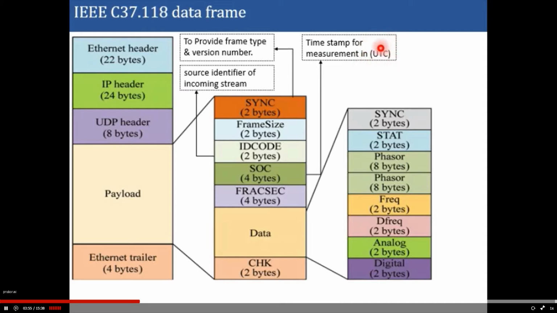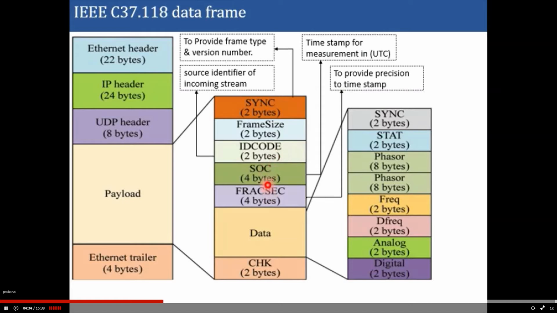In UTC, we count the number of seconds elapsed since 1st January 1970. So in the SOC block, you will see a large 12-digit number which tells how many seconds have elapsed since 1st January 1970. Now the next block is fraction of second, which provides precision information related to the timestamp because it stores the information related to fraction of second with accuracy up to 1 microsecond.